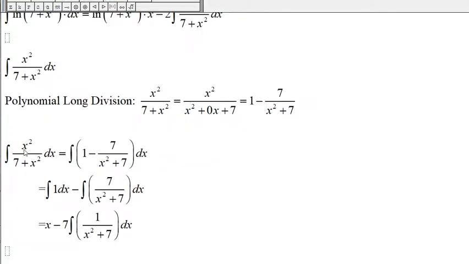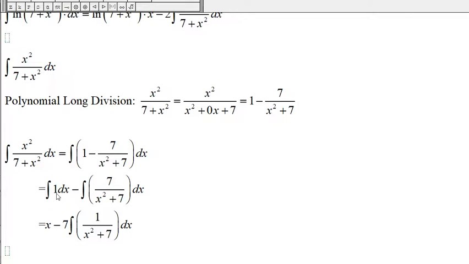So the integral of x squared over 7 plus x squared is the integral of 1 minus 7 over x squared plus 7. And then we can rewrite this as the integral of 1 minus the integral of 7 divided by x squared plus 7.